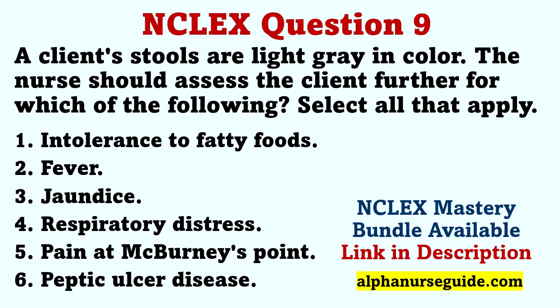Other symptoms associated with cholelithiasis are right upper quadrant tenderness, fever from inflammation or infection, jaundice from elevated serum bilirubin levels, and nausea or right upper quadrant pain after a fatty meal. Pain at McBurney's point lies between the umbilicus and right iliac crest and is associated with appendicitis. A bleeding ulcer produces black, tarry stools. Respiratory distress is not a symptom of cholelithiasis.